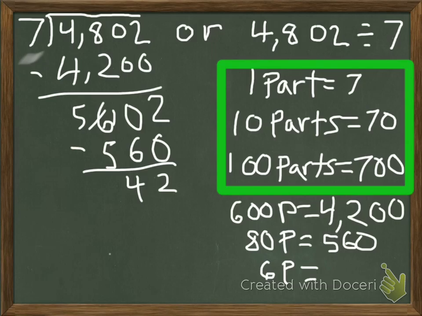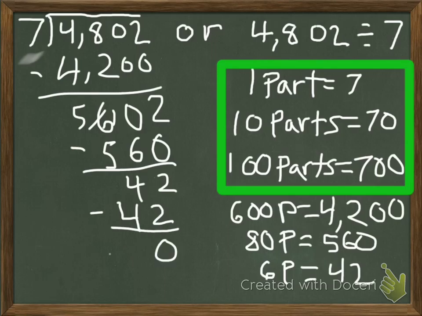Well, if I use 6 parts, I'm going to have 6 times 7, which would be 42. So now I'm moving to my ones, and I'm going to do 42. And if I subtract 42 here, my answer will be 0.